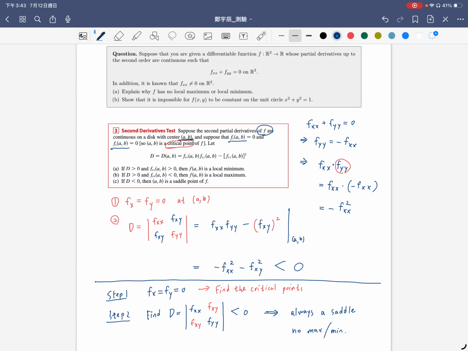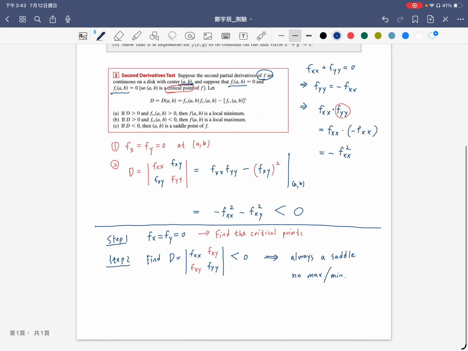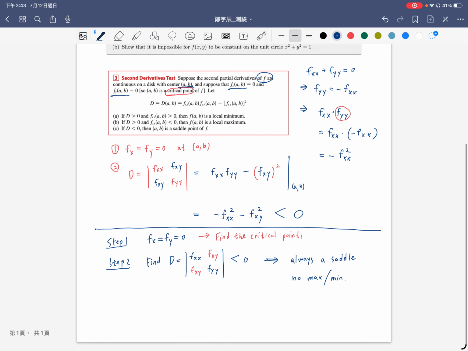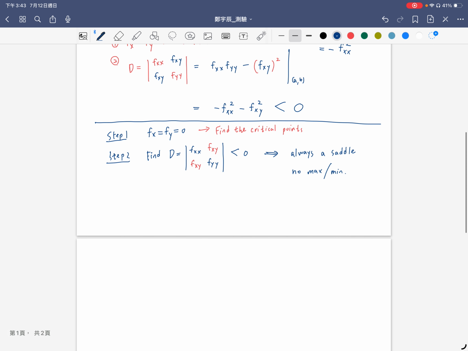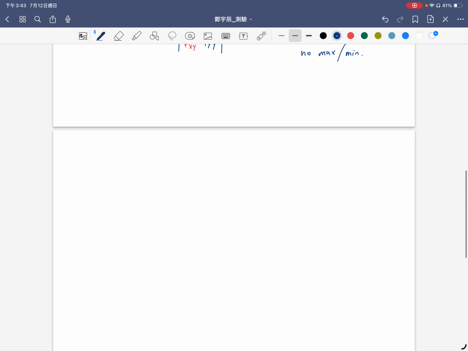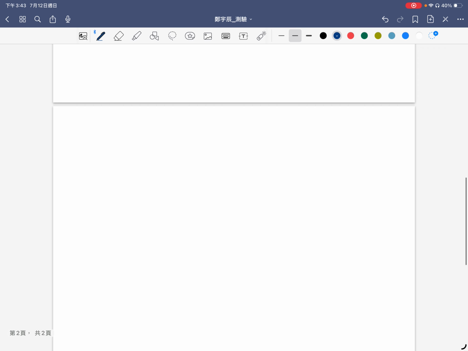So here we quote another theorem. EVT, extreme value theorem.